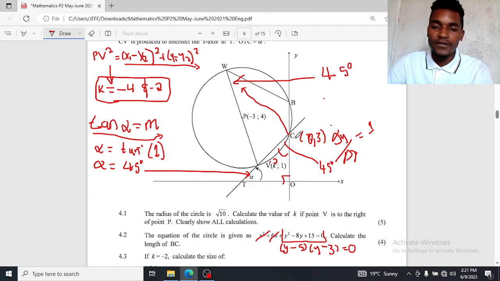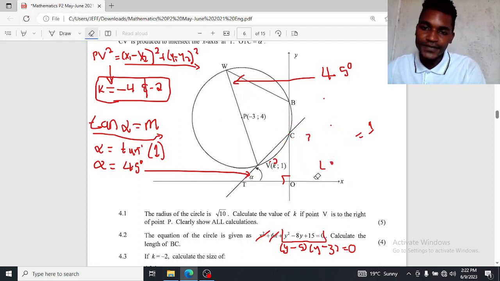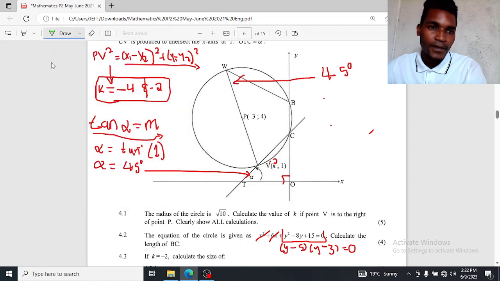Or if you don't want to find it that way, since you know this one is 45 degrees, you can find this angle, because angles on a straight line add up to 180. So this is 180 minus 45, which is 135 degrees.